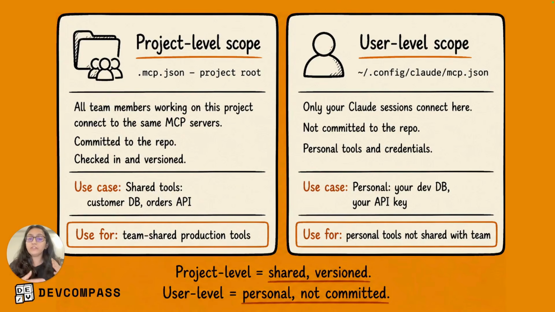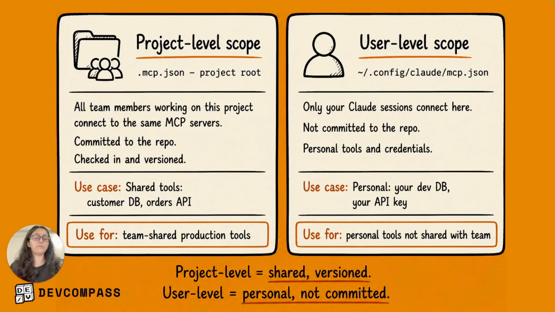Then there comes user level scope. The config file lives in your home directory, not in the repository. Not committed, not shared, only your Claude sessions connect to these servers. This is for personal tools, your development database, a tool that talks to your personal test environment.